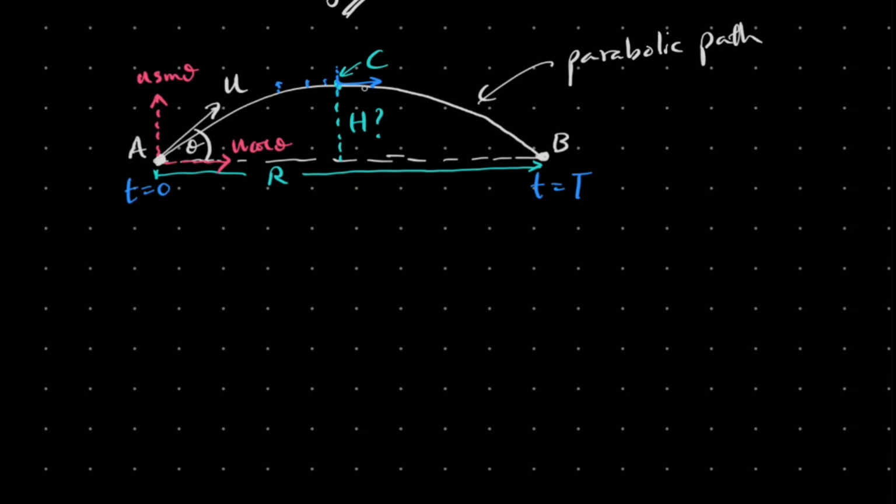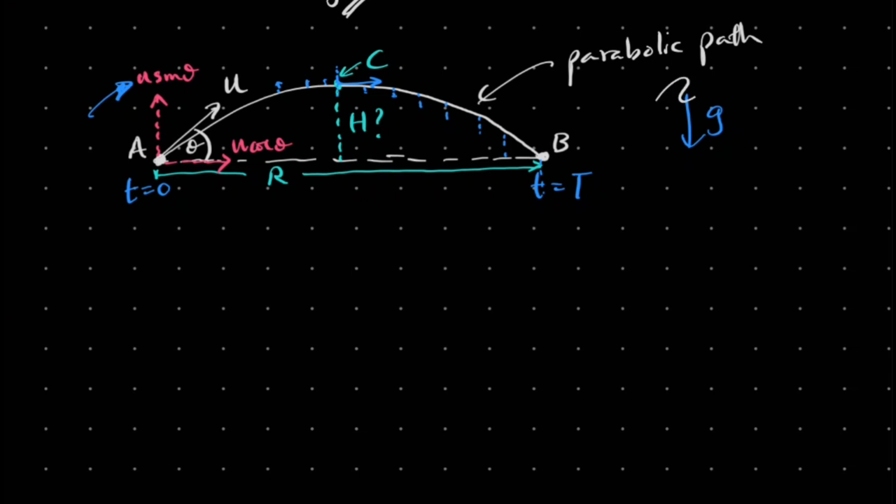So after that, the vertical speed is going to simply reverse and increase, and at the moment it hits the ground, since we are assuming there are no other forces on it, it would be exactly equal to this u sine theta, but in the opposite direction. Throughout the motion, the acceleration is downward and equal to g.